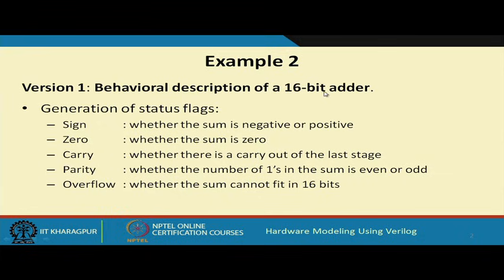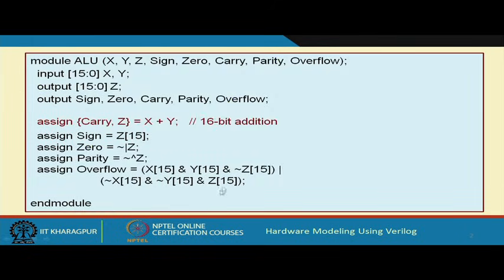So, we start with version 1 of our design, which is the behavioral description of the adder. These 5 status flags I have already mentioned. Let us straight away look into the design. This is our behavioral design of the ALU or the adder.